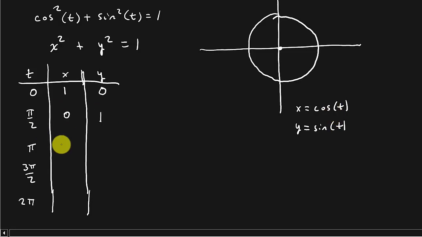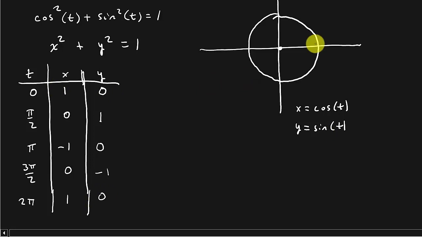The cosine of pi is -1. The sine of pi is 0. The cosine of 3 pi over 2 is 0, and the sine of 3 pi over 2 is -1. Then the cosine of 2 pi is 1, and the sine of 2 pi is 0.